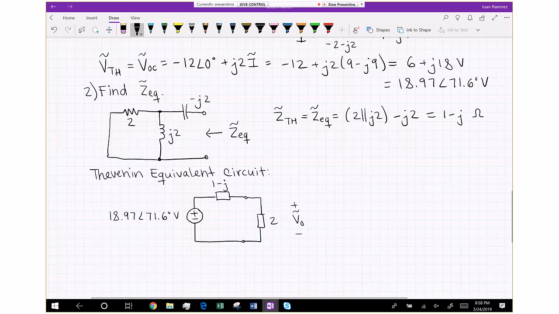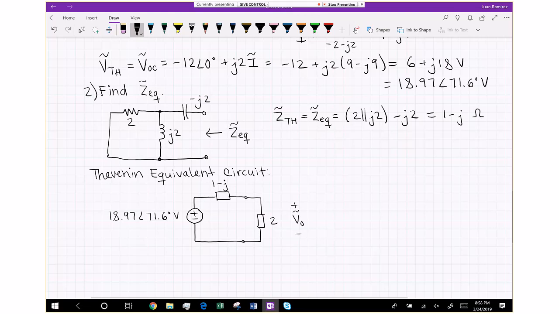The series impedance, which is called the Thevenin impedance, is 1 minus J ohms. And then our load is what we had originally pointed to as our load, the 2 ohm resistance, because we're looking for the output voltage V out across it. So that's our Thevenin equivalent circuit.